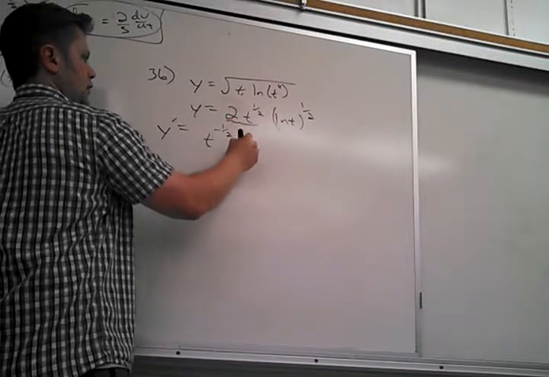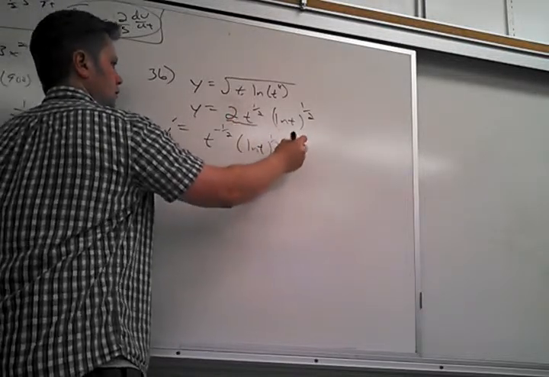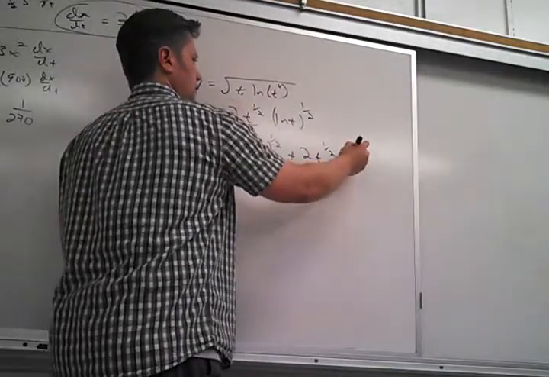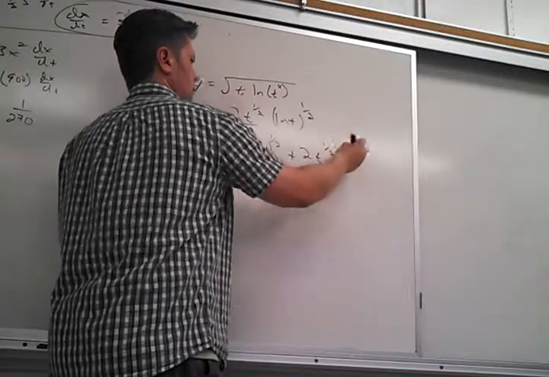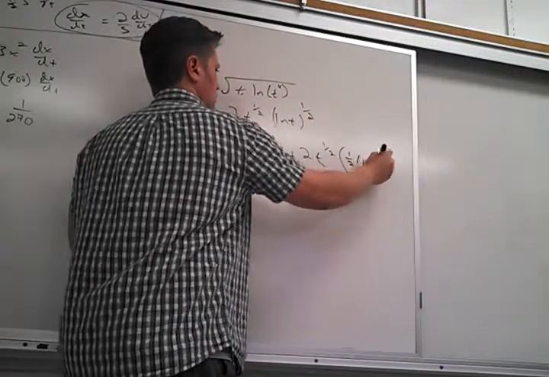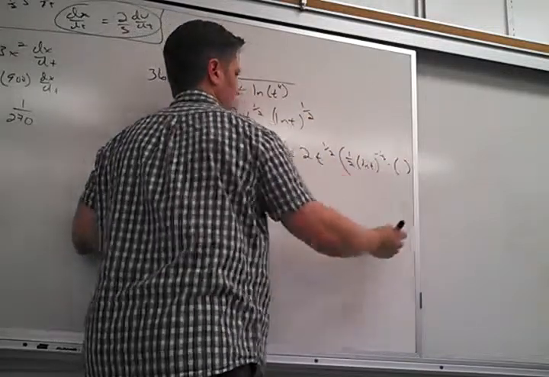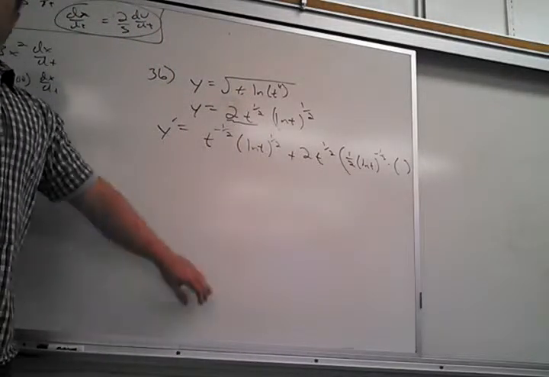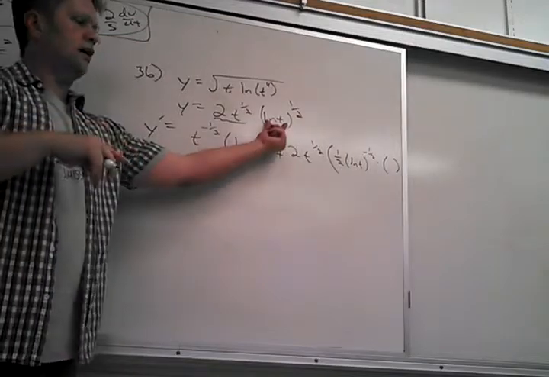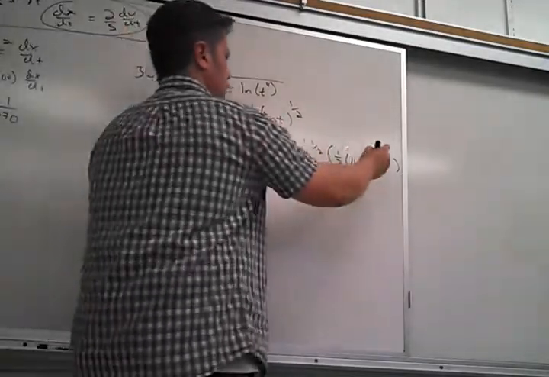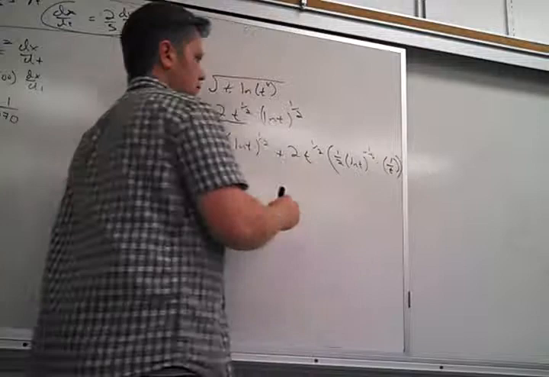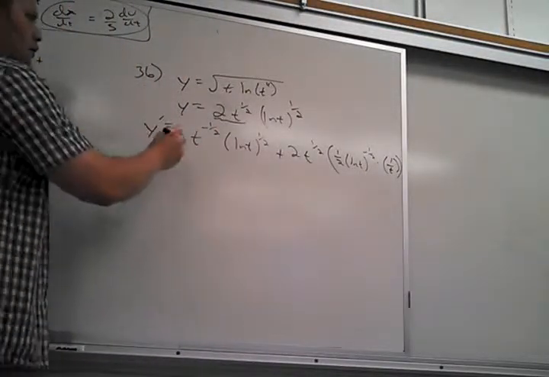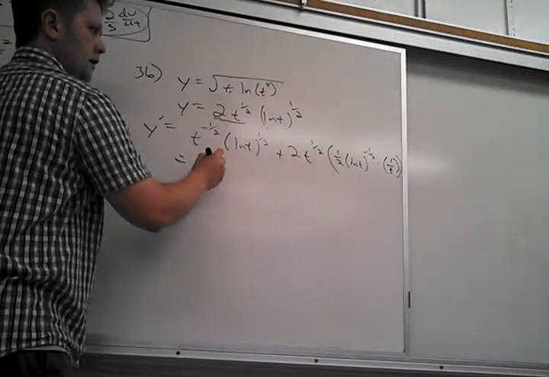Cool. And now you just clean it up. Not too much I could do. Let's see what happens here. 1/2 of 2 is gone. t to the 1/2 divided by t is t to the 1/2 on the bottom. You have a natural log of t to the 1/2 on the bottom, and on the top you have a 1.